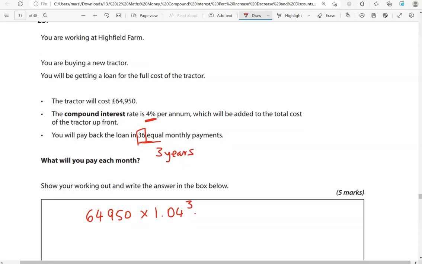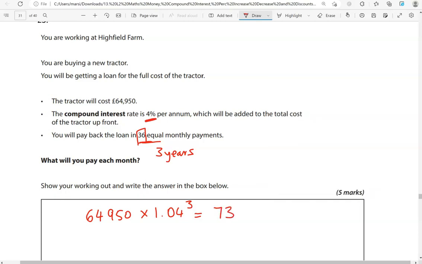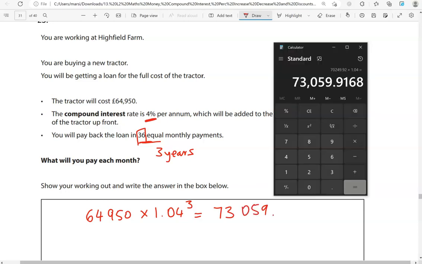So if we do this using a calculator, gives us £73,059 and 92 pence.